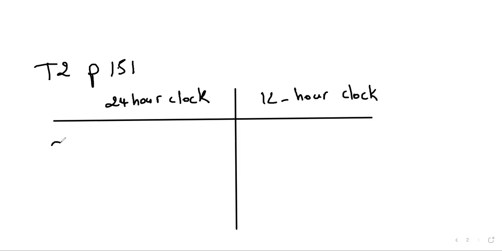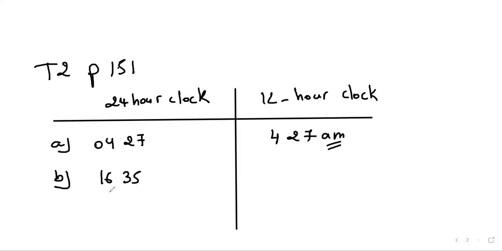All right, so for the first one, I have 4:27. It means it's in the morning, so I just need to write 4:27 a.m. Don't forget about the a.m. It's very important to add it. For B, I have 16:35. It means it's 4:35 in the afternoon, so I write 4:35 p.m. And C, I have 23:05.